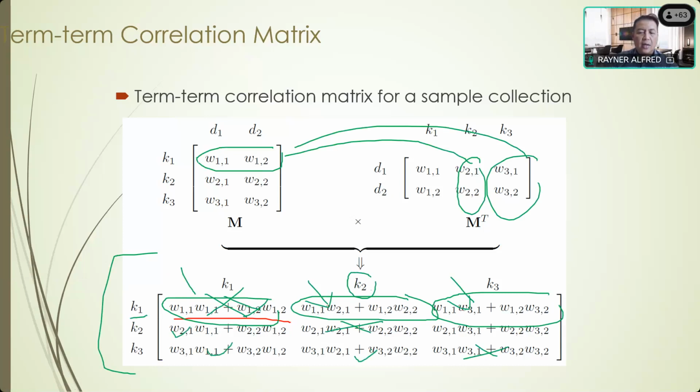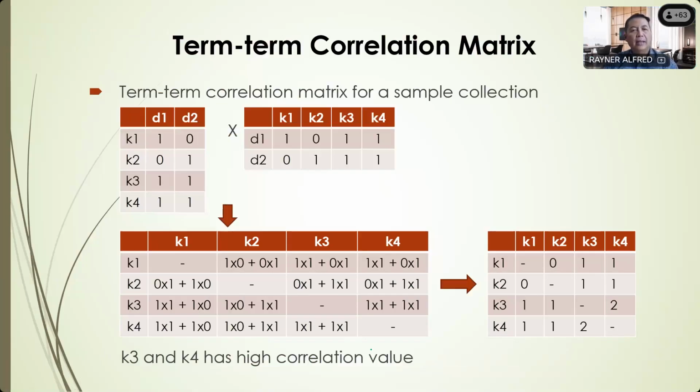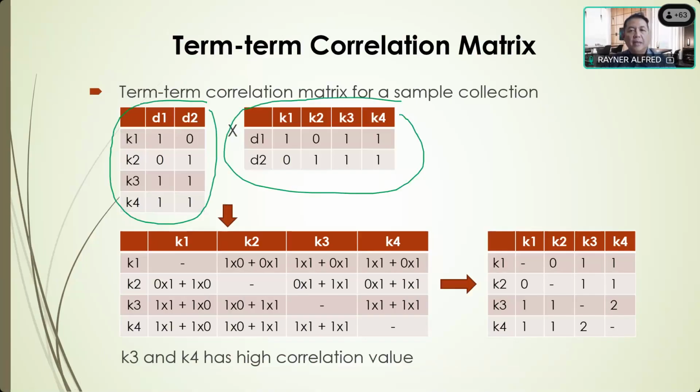Let me give you one example. This is not binary, I just put a simple number here, 1 and 0. This is your original term document matrix. We transpose it into another matrix, and we compute the term correlation matrix by multiplying this with that.